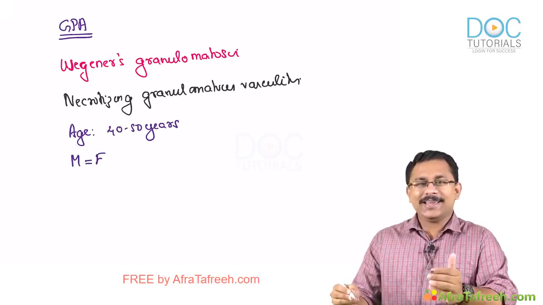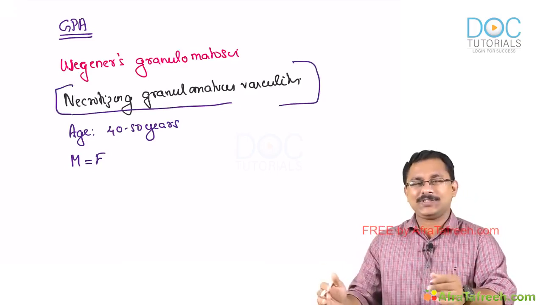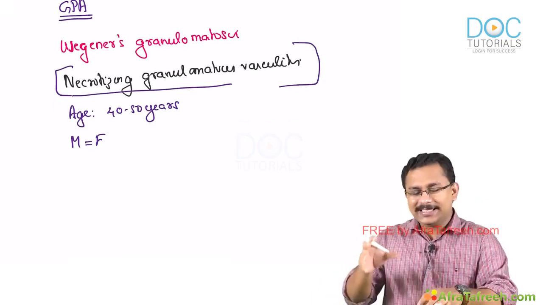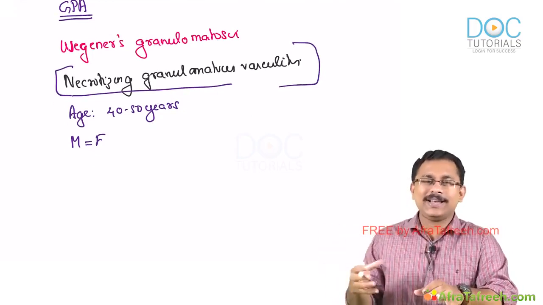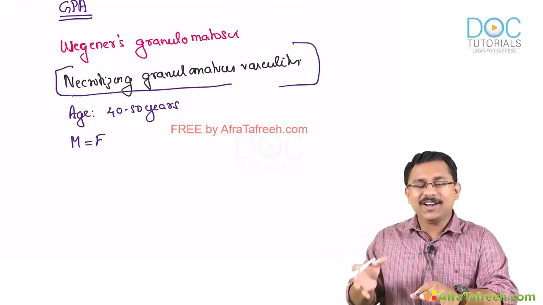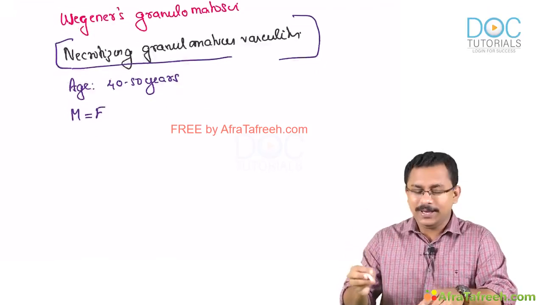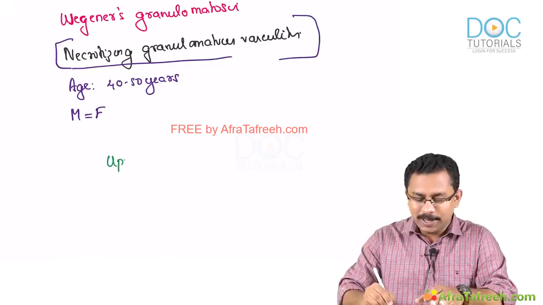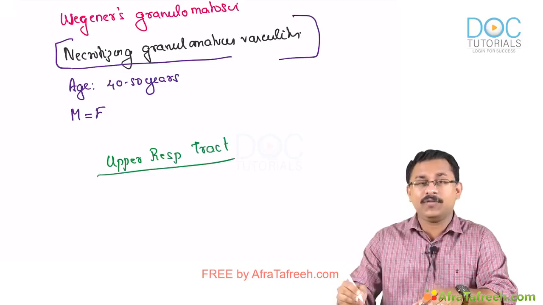Now, I told you the basic problem is it is necrotizing and it is granulomatous vasculitis. And this vasculitis is affecting multiple organs and organ systems. But the brunt of the attack in this vasculitis falls on three predominant areas. One is your upper respiratory tract, which is the one most often involved.